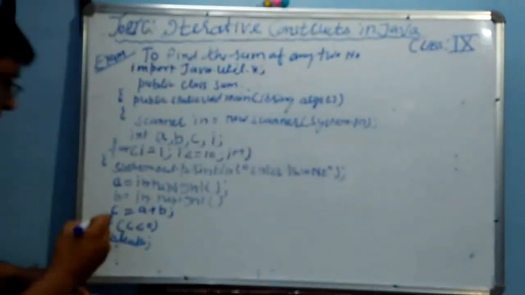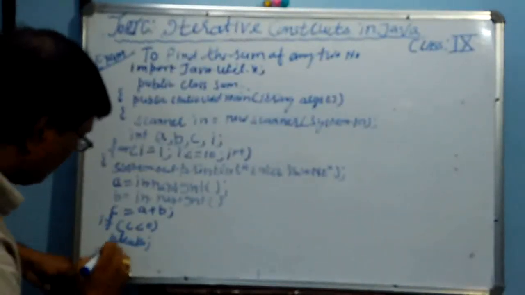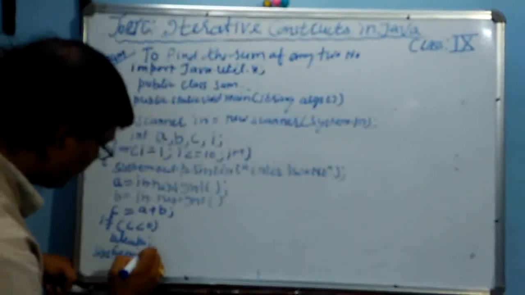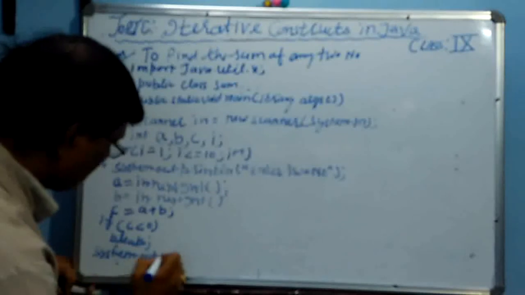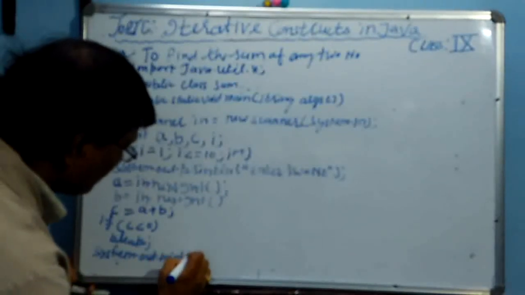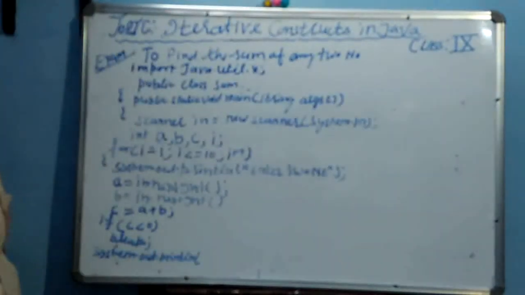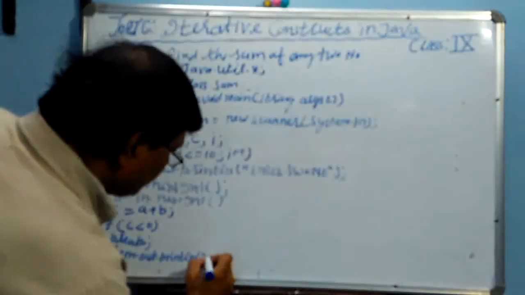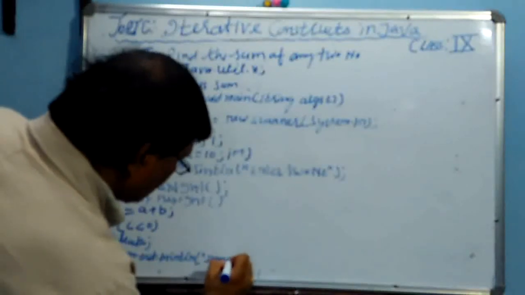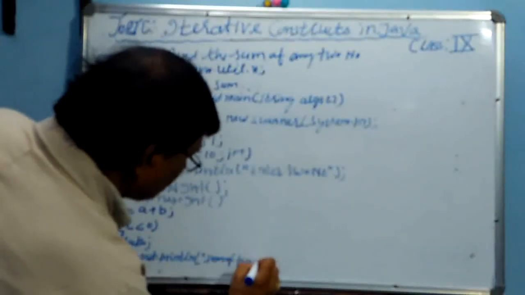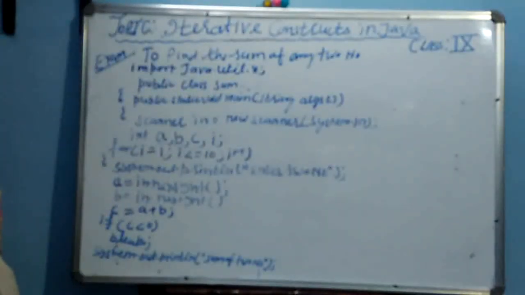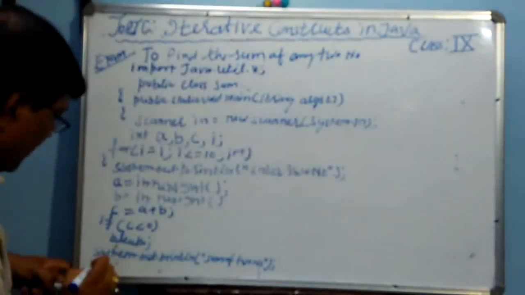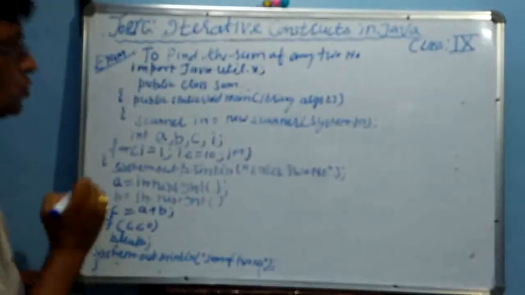And then it will print System.out.println, the sum of the two numbers, and then it will be closed.